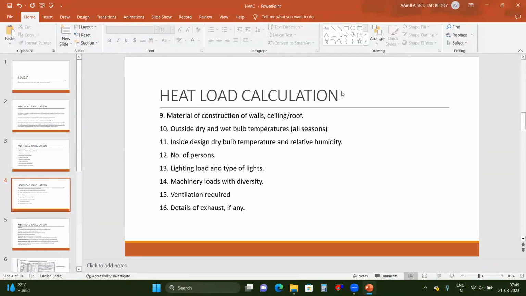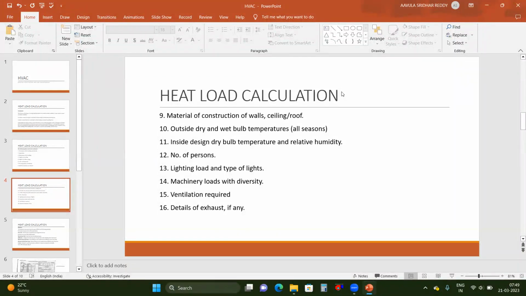The next one is inside dry bulb temperature and relative humidity. Inside dry bulb temperature is the requirement of the client, whether it is a normal area, office spaces, malls, etc. We know that the human comfort temperature is 25 degrees centigrade and relative humidity 55 or 60.